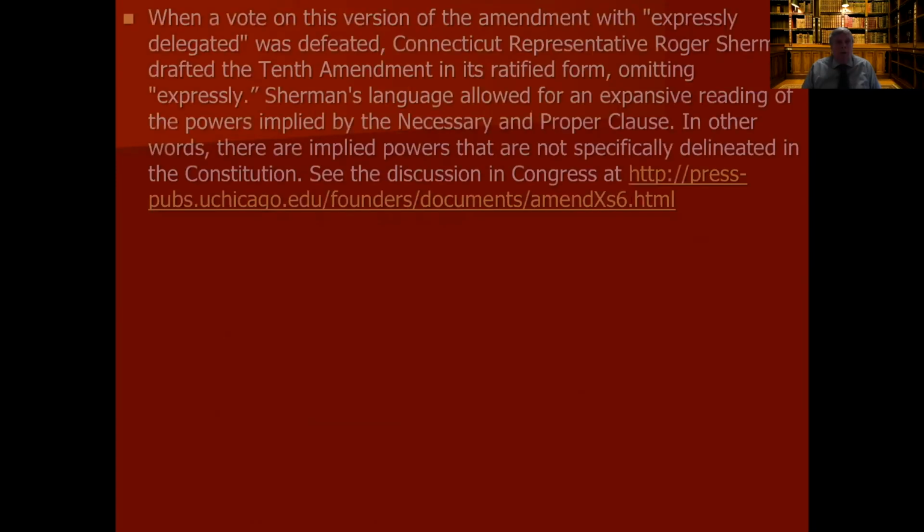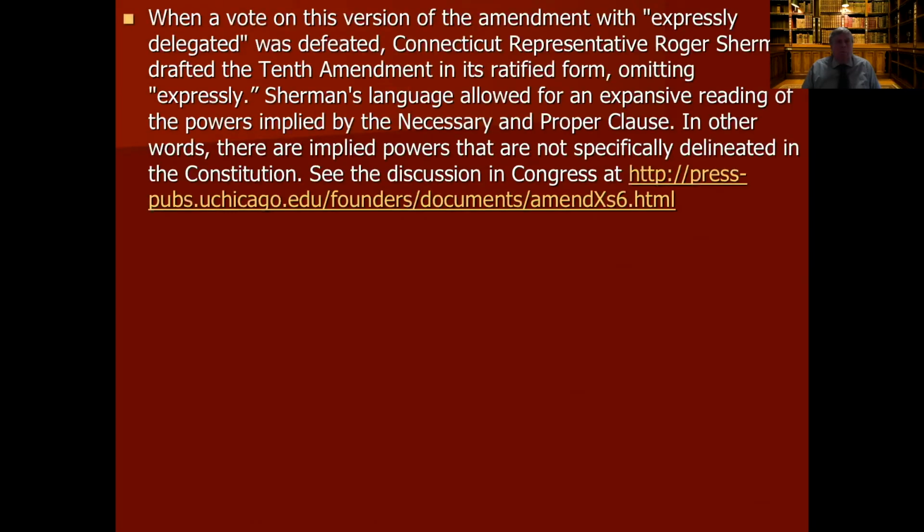When a vote on the version of the amendment using the word expressly delegated was defeated, Connecticut Representative Roger Sherman drafted the 10th Amendment in its ratified form, omitting the word expressly. Sherman's language allowed for an expansive reading of the powers implied by the necessary and proper clause.